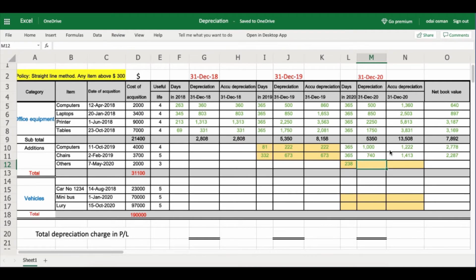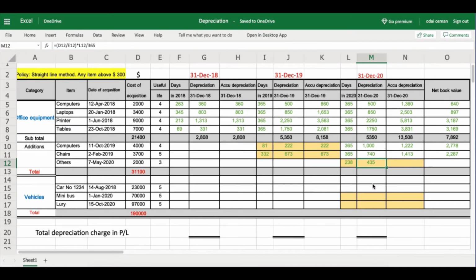We need to calculate the depreciation would be equal, open the bracket, the cost of the acquisition divided by 3 years. This is categorized as 3 years, close the bracket, times these days divided by 365 days, hit enter.